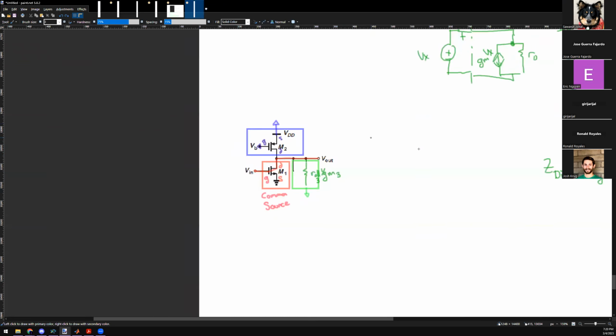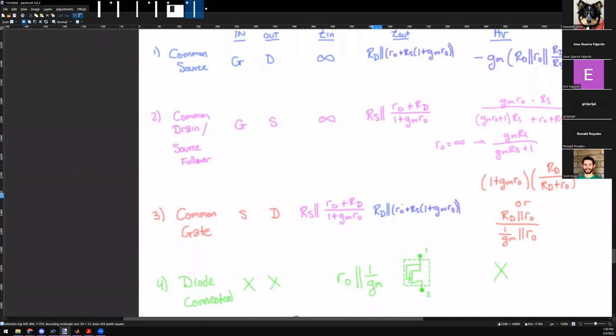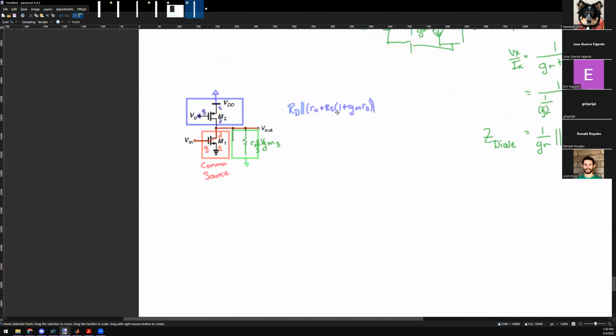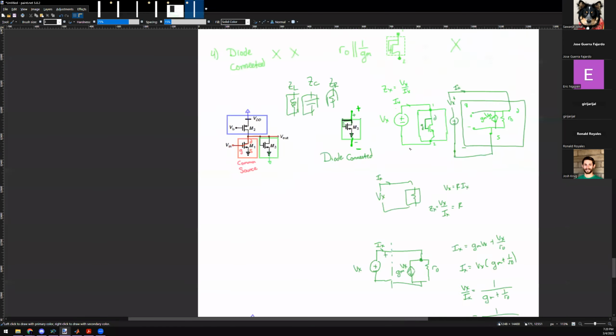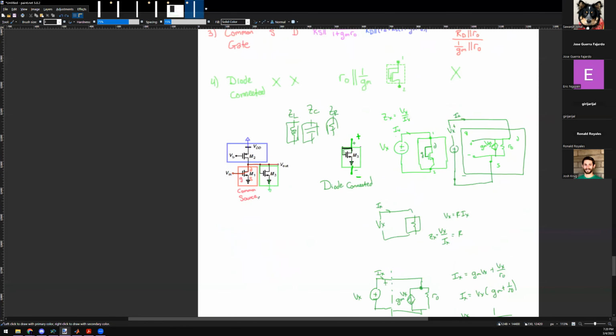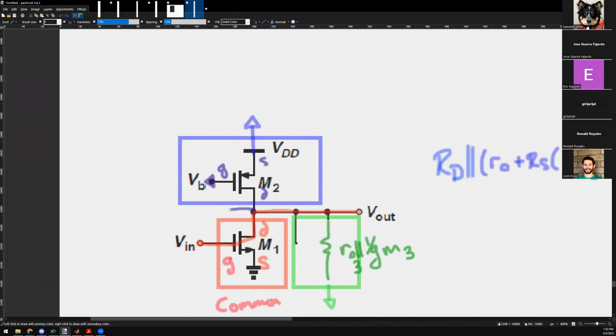Right, the drain. So I take my Z at the drain expression and figure out what this needs to be. In my reference schematic, RD is any resistor also attached to the drain. If there were a resistor here, it would have been in parallel.